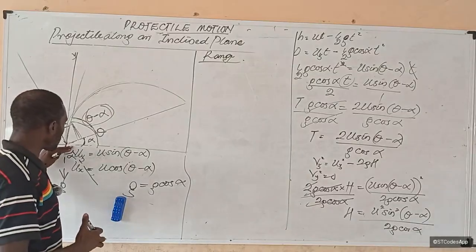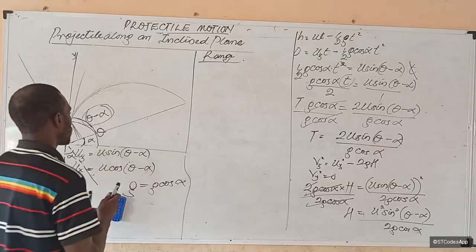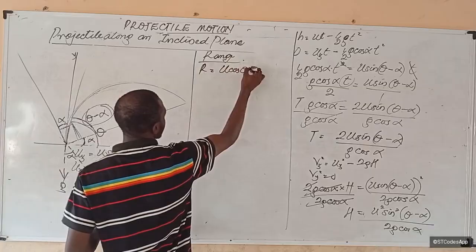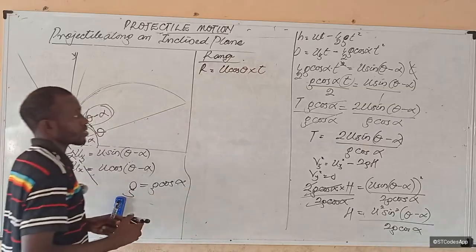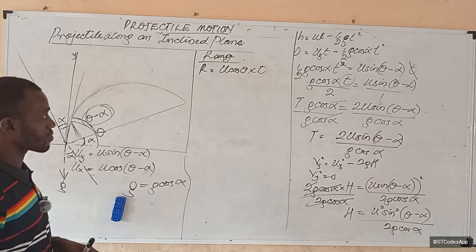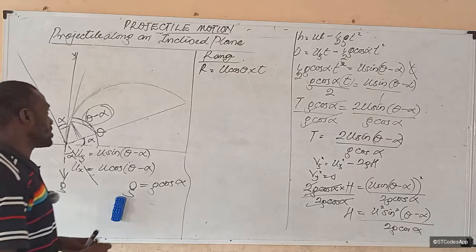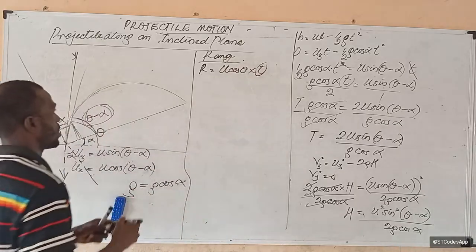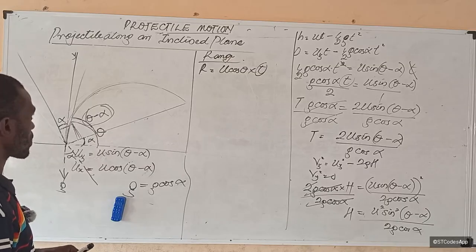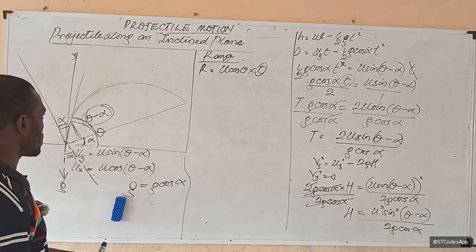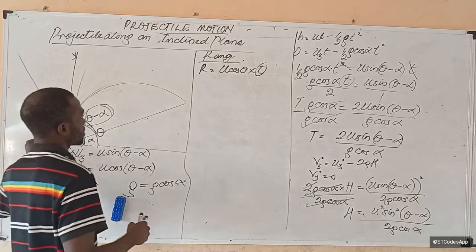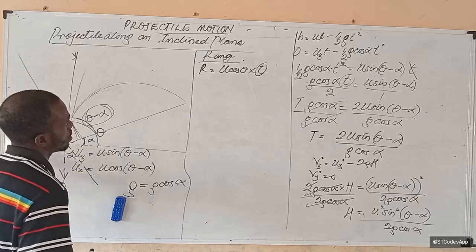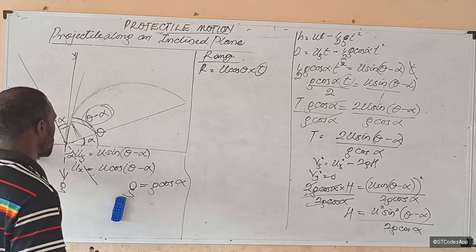To calculate with respect to this range here, you know that the normal range R is equal to u cos theta times t. That makes sense, right? But this time, what changes? This time here is going to be the time taken.